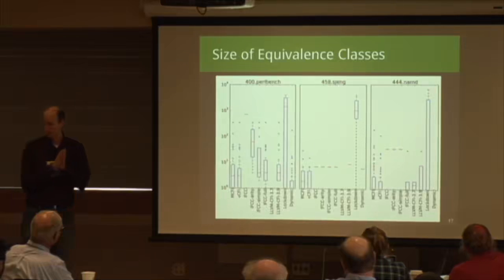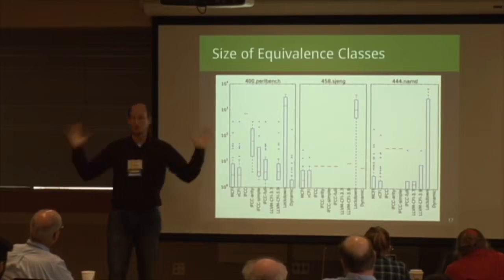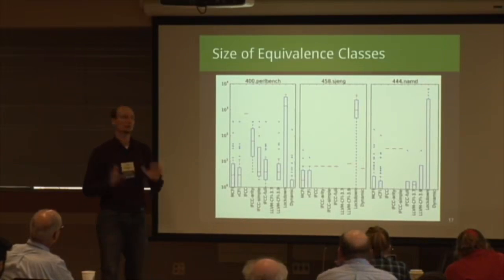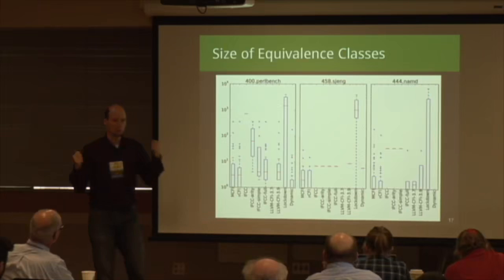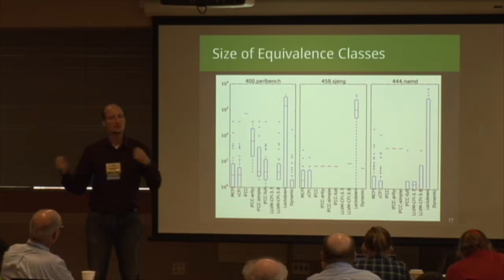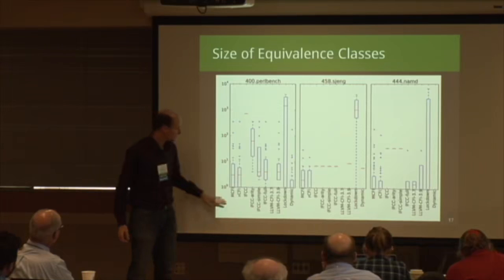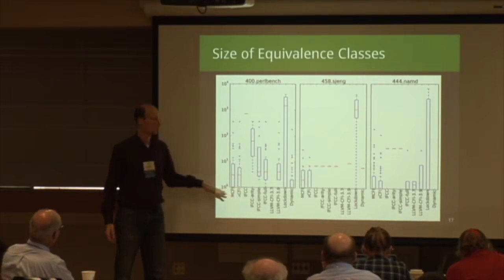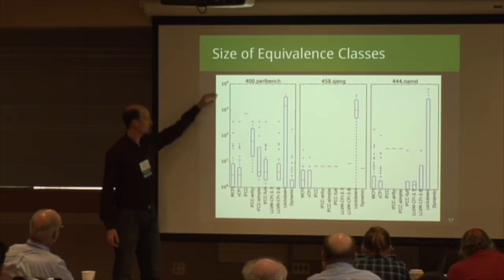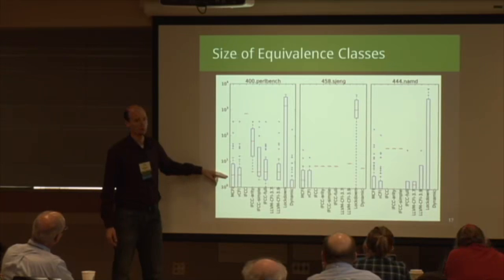Now, if you look at this, and this is likely a little bit overwhelming, so let me walk you through this figure. We measured the classes, the size of the classes, and the differences in the classes. What we are showing here are spider plots for the different mechanisms that we have evaluated, on a logarithmic scale. The red bar shows the average amount of allowed transfers per control flow transfer location.